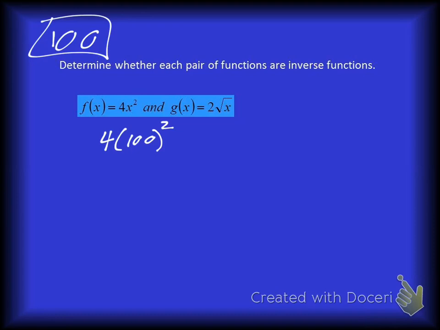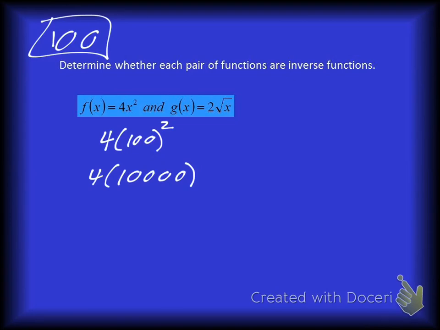100 squared. What's 100 times 100? 10,000. 1, 2, 3, 4 zeros. There we go. So we're at 10,000.